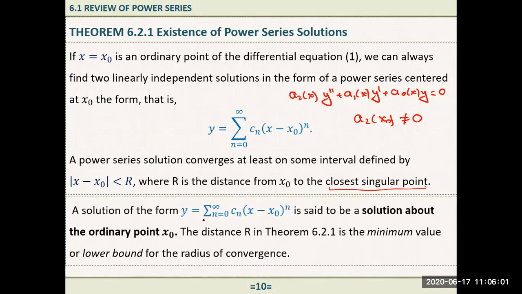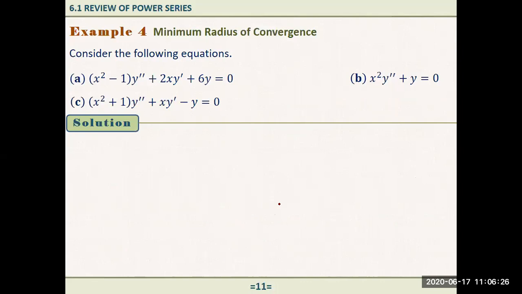A solution of this form is said to be a solution about the ordinary point x sub 0. And the distance r in the theorem is the minimum value, or lower bound, for the radius of convergence. We also studied how to find this r. Now we will see them in examples.